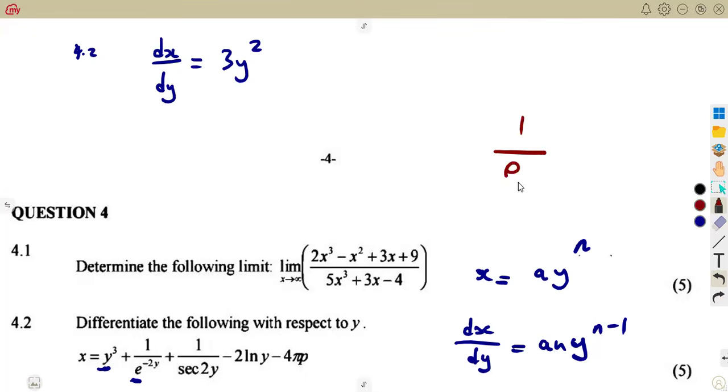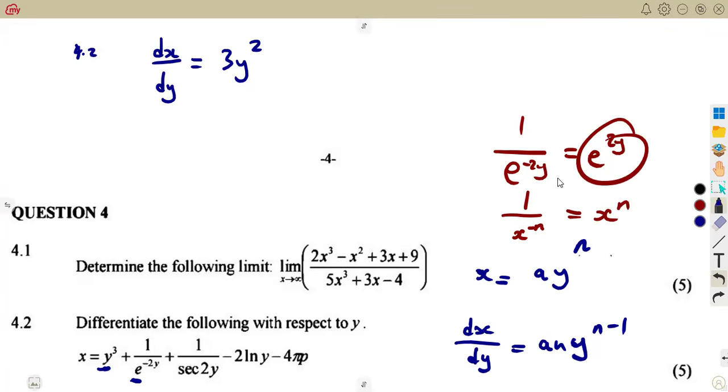Remember, 1 over e to the exponent of negative 2y will remove this negative. So it will be e to the exponent of 2y. Our exponent rule, guys: 1 over x to the exponent of minus n is x to the exponent of n. So this is what you're going to have there.